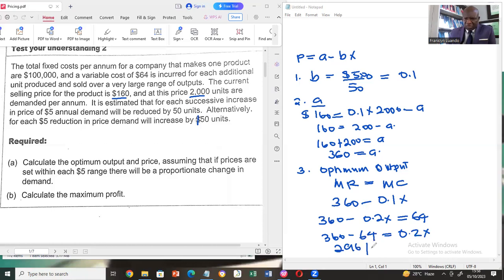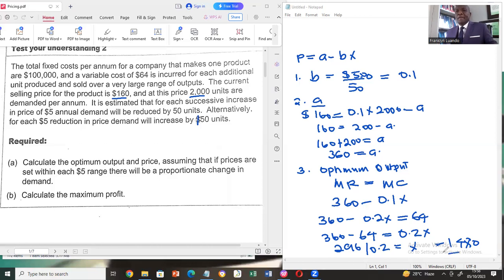So 296 is equal to 0.2X. And this one will give us, divide by 0.2, X is equal to 1,480. So now this is the optimum output.